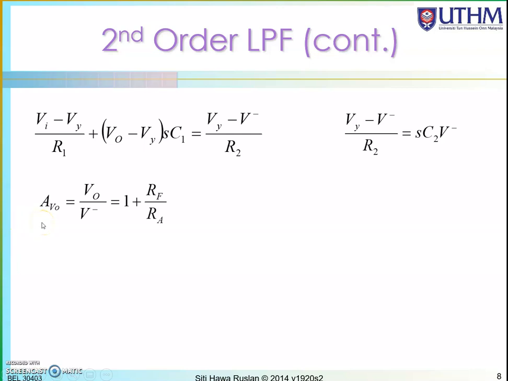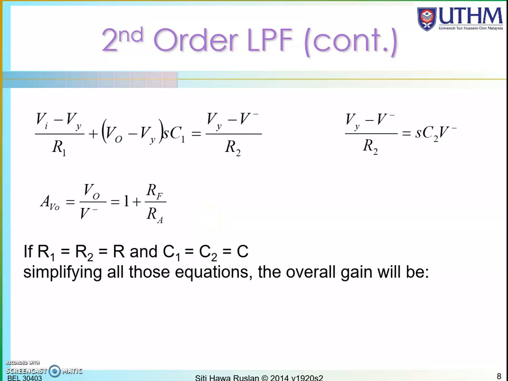So what you want to know is actually the transfer function VO over Vin. So using these three equations, simplify it further, because just now we have R1, R2, C1, C2. Usually in designing a second order low pass filter, we just use resistors R1 and R2 as R, and for the capacitors we also use the same value, so C1 equals C2 is just C. And using these three equations, simplify it further.